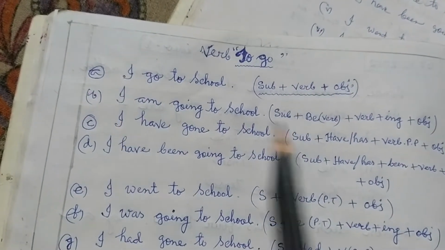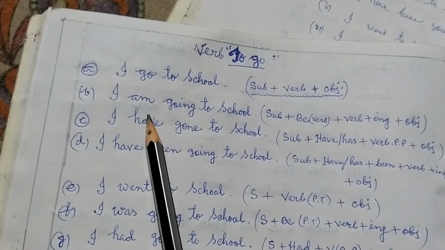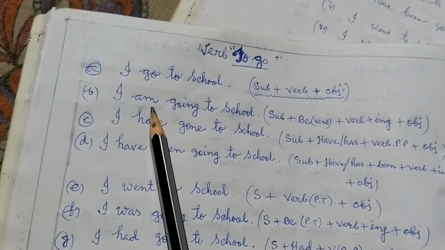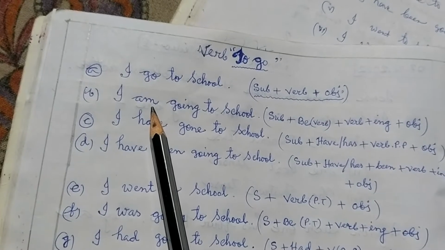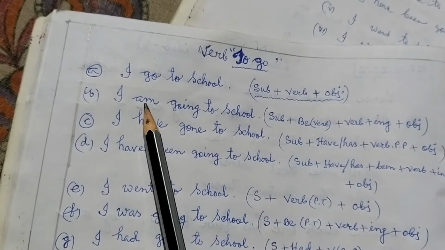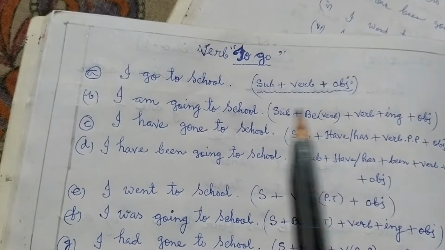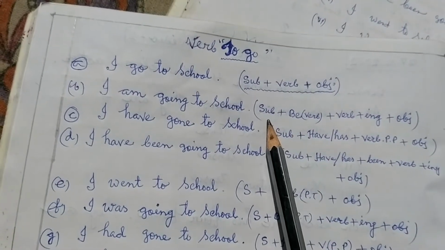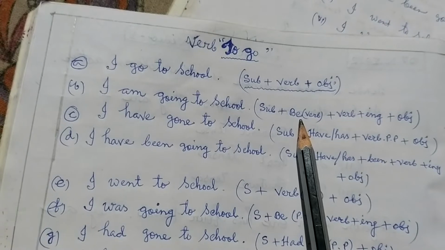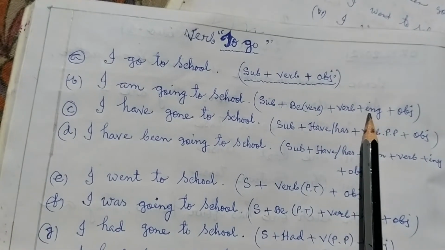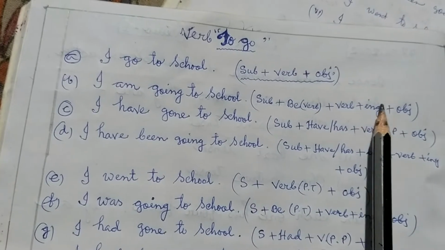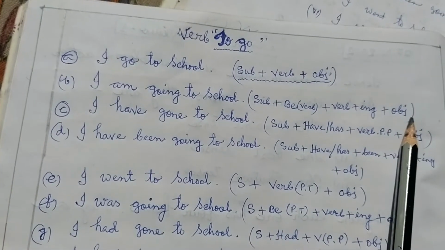Subject I, be verb am. Be verb in present tense has three forms: is, am, are. So here, I am going to school. Subject I, be verb am, verb go, next ing, plus the object.